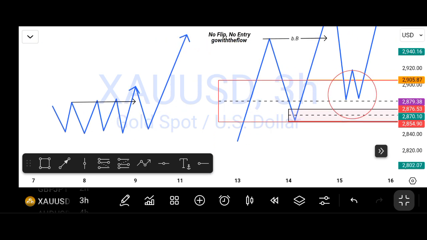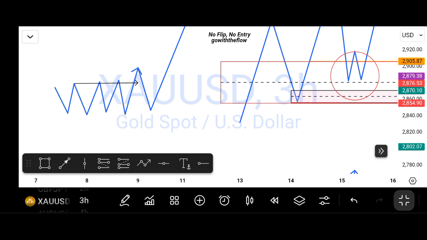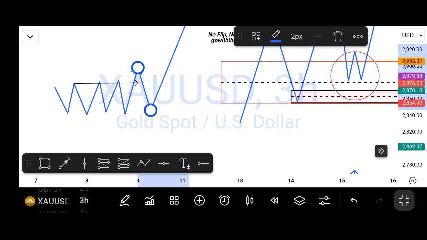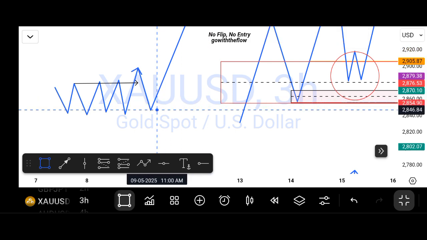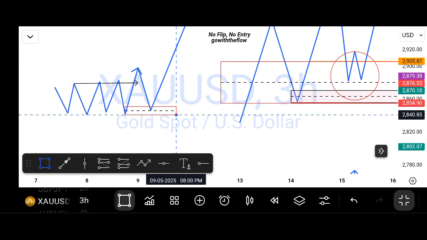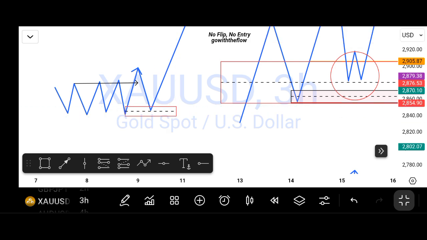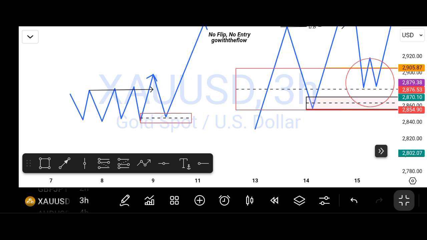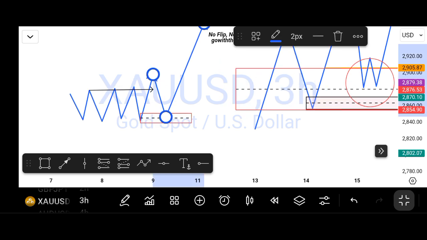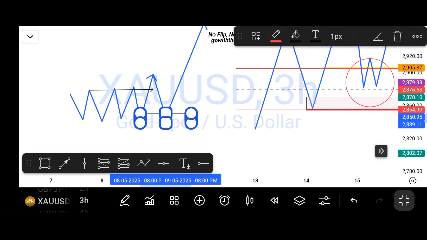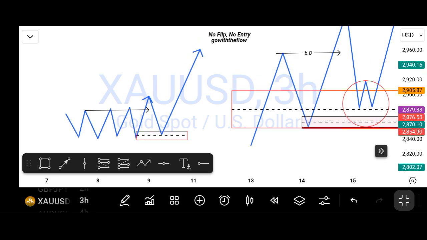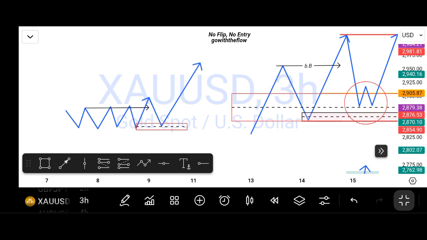So the three phases are: the ranging market, the manipulation that breaks the ranging zone, then distribution, where we take the order. That distribution is the continuation of the manipulation phase. So if price manipulates to the upside, price tends to distribute to that upside after getting orders from the demand zone at that point. That is also the three phases of market movement.